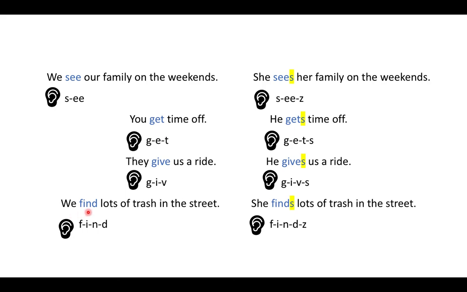Next one, we find lots of trash in the street. Find is just the regular verb because we used we. It's pronounced really easy, just like it's spelled, find. We find lots of trash in the street.